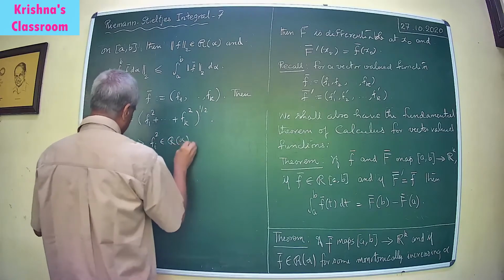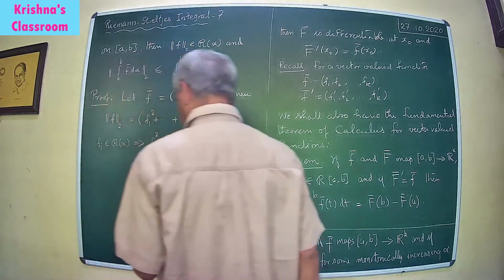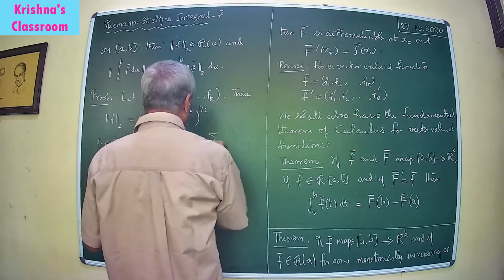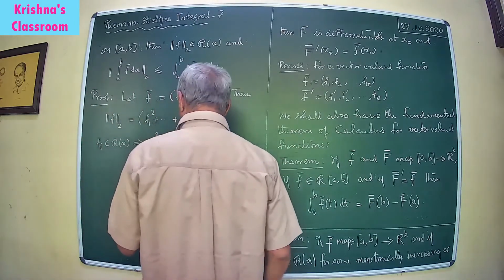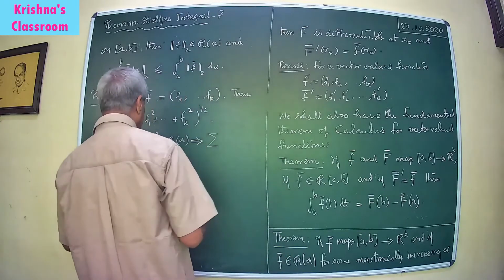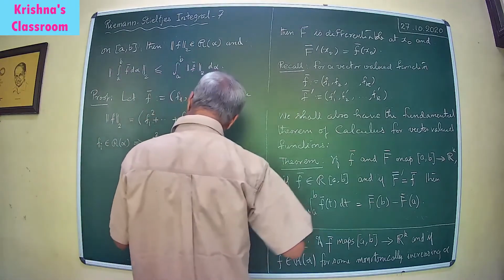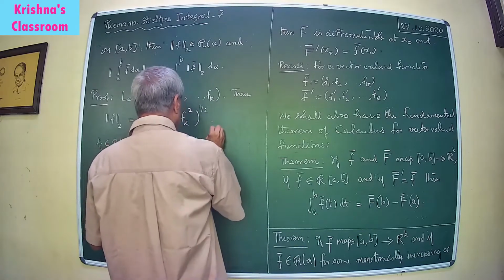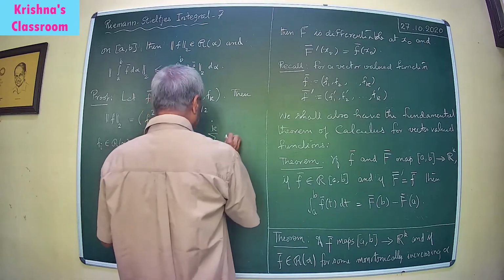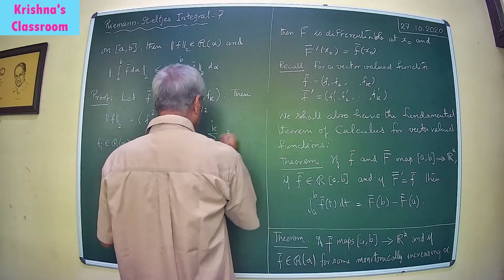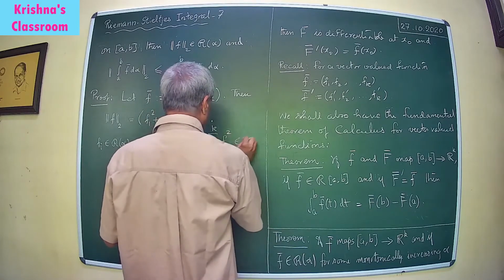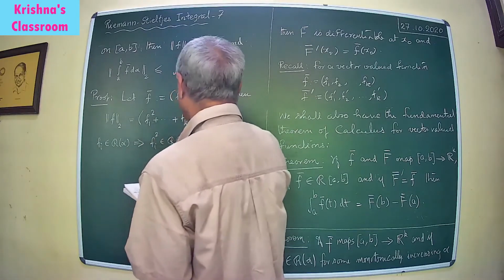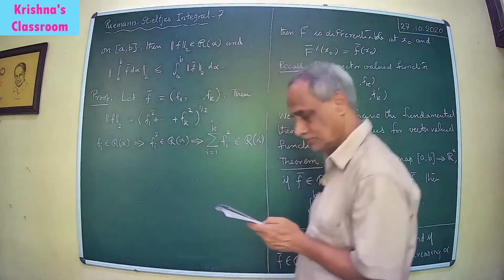This we have proven. And that implies further the finite sum of Riemann integrable functions with respect to alpha is again Riemann integrable. Therefore, the sum from i equal to 1 to k of fi square belongs to R. So we have reached up to this one, but what we need is the power half.